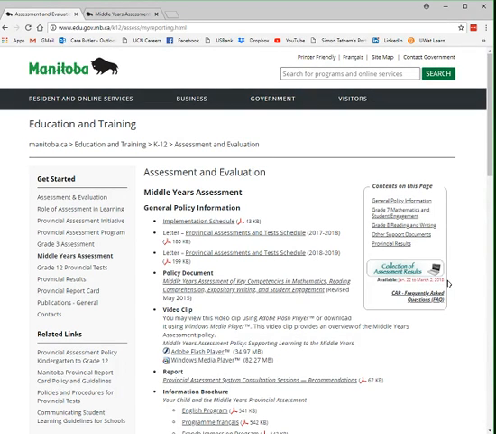So make sure you touch base here for the dates, but it also has right here beside it, under letter for provincial assessments and test schedules, the dates that you need for always the current school year and the coming school year. They're pretty good with keeping that information current.